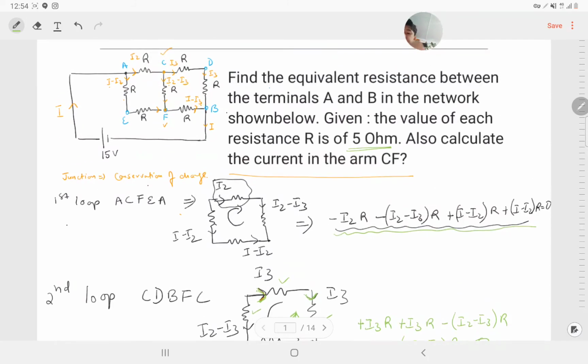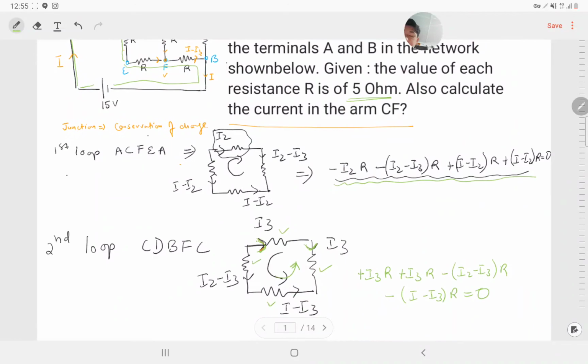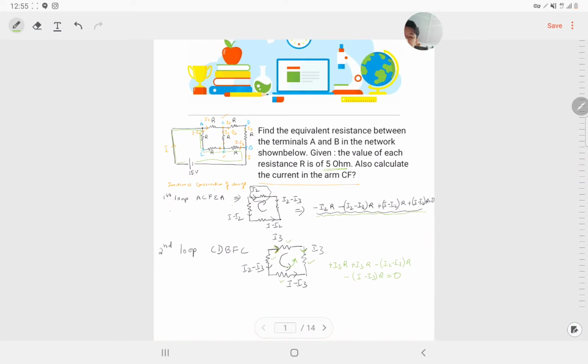Now third step. For third step, you're going to take this loop. Okay, so I'll take this loop and we'll see what happens. Okay, so this loop is like this.